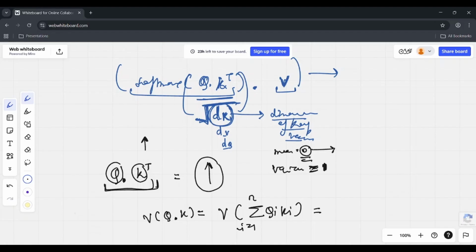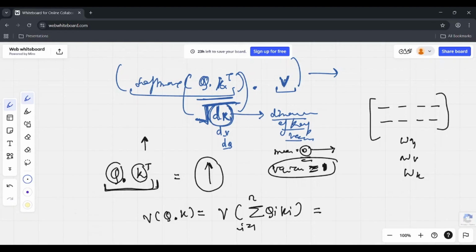Okay, why 1? Because that depends on the initialization technique. The matrices that we consider, WQ, WV, WK, the weights with which we initialized, those weights had variance 1. Okay, because this is how we do initialization. There are certain initialization techniques.